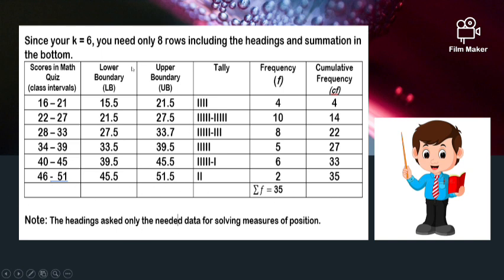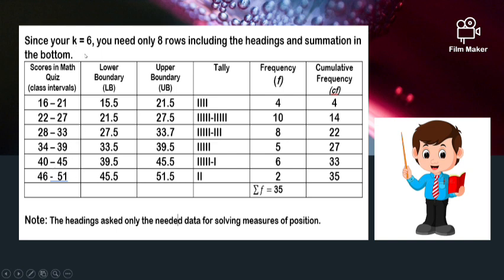So 8. Now, you have your scores in the math quiz as given above. That's also known as your class intervals. Now, how to start writing your class intervals. Your K is 6, so 1, 2, 3, 4, 5, 6 class intervals.